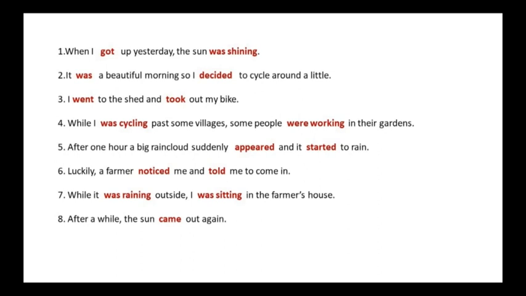After a while, the sun came out again. Simple past action completed. And although they are not in the same sentence, we could understand this like the sun came out and somehow interrupted the previous action, interrupted the rain. The sun came out and the rain stopped.